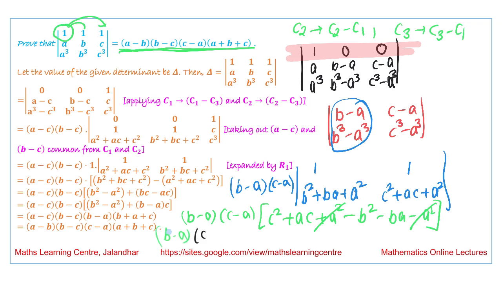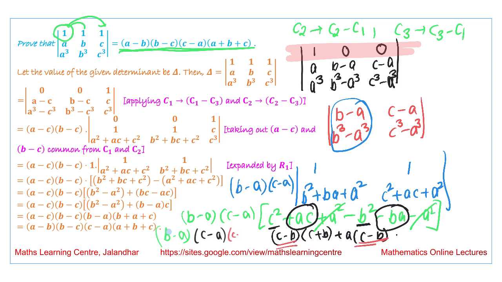into c minus a. From these two terms we are writing c minus b into c plus b. From these two terms we can write a common, and we are left with c minus b. So from all these terms we can see we can write c minus b common. So we are left with c plus b plus a.